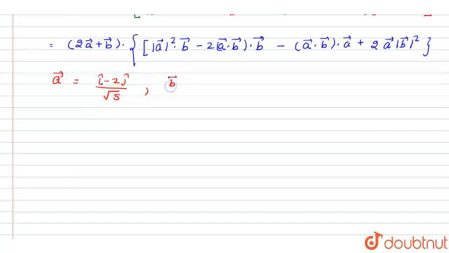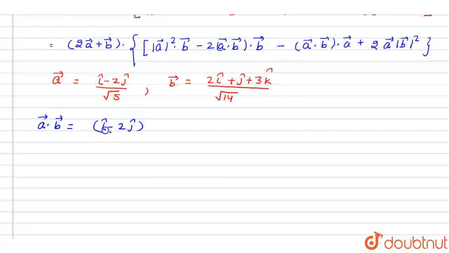The value of b vector is given as 2i cap plus j cap plus 3k cap, and in the denominator we have under root 14. Now we have to find the value of a vector dot b vector. For the dot product we have i cap minus 2j cap divided by under root 5.